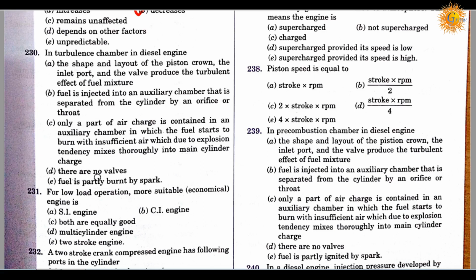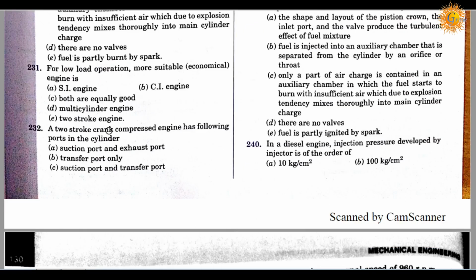Option D, there are no valves. Option E, fuel is partially burnt by spark. So the correct answer is B, fuel is injected into an auxiliary chamber that is separated from the cylinder by an orifice or throat.